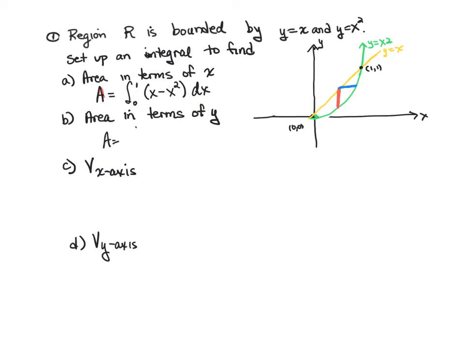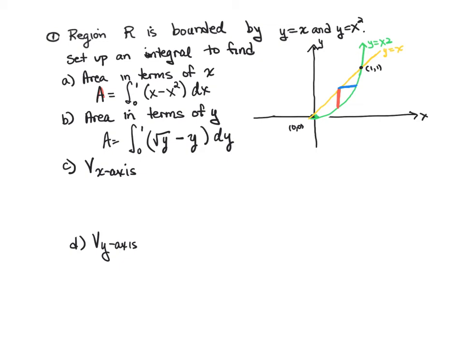So it's from y equals 0 to y equals 1 of the right function in terms of y, which is the square root of y, minus the left function in terms of y, which is just x equals y, dy. And believe it or not, when we integrate these two, we should get the same answer because it is the same region. So that's a great exercise.